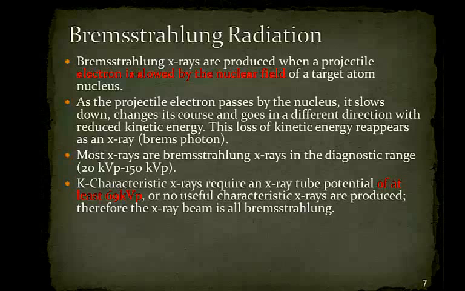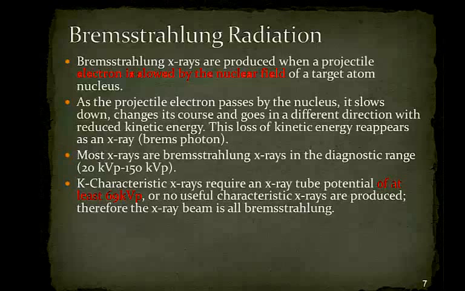So there's slowing down as the projectile electron passes by the nucleus. Understanding that the charge of electrons is negative and the charge of the nucleus is positive, like magnets, a negative and a positive are going to attract.